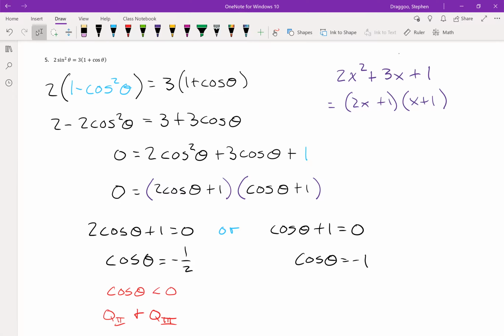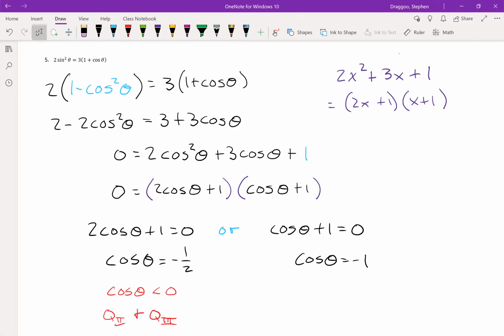Now, that third line is a quadratic equation that can be factored. If factoring with trigonometric equations is daunting, then see the part in purple in the upper right part of the screen, where I've simply changed cosine theta to x. So it looks more like a traditional quadratic equation from algebra.